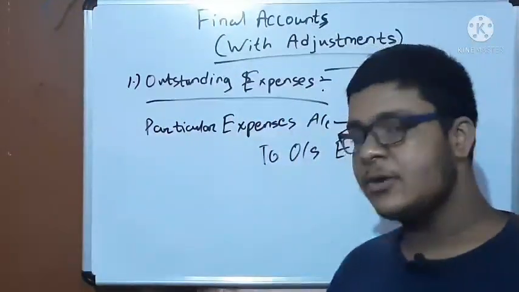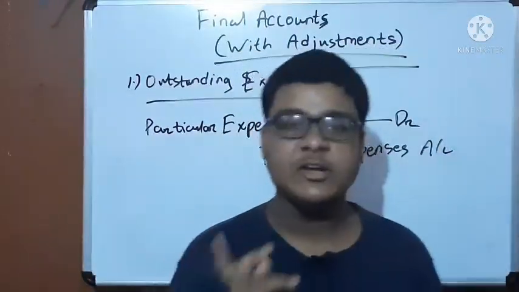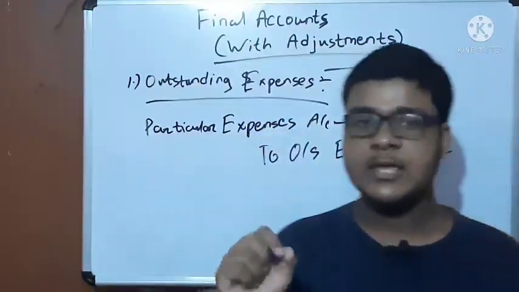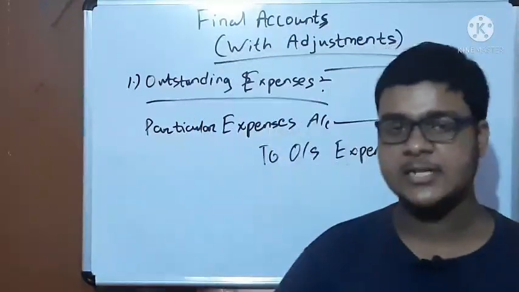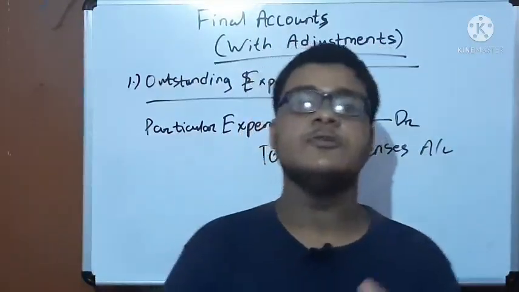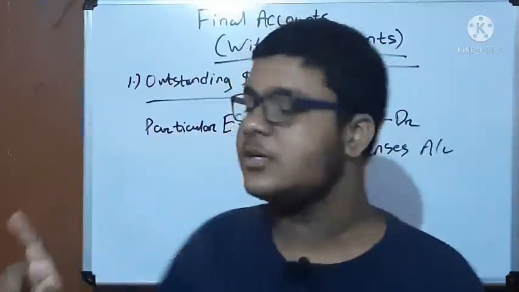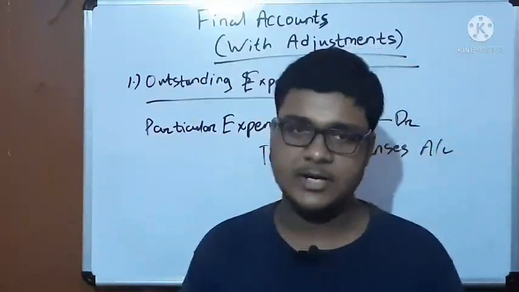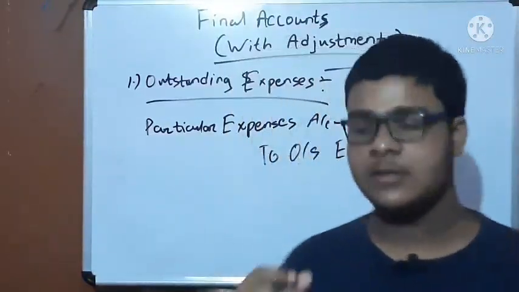Today, due to time constraints, I don't want to make a long video about adjustments. Today we discussed what the final account is, which adjustments there are, where the adjustments are to be seen, and from where they are to be plugged into the final accounts. One adjustment we have already done with conceptual clarity.